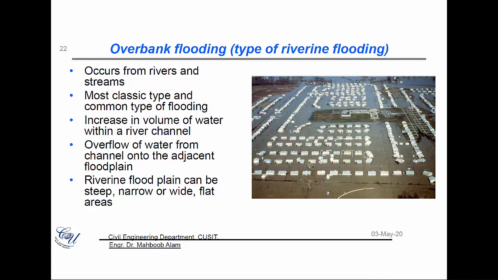So you would always have some kind of floodplain area around your river. Overbank flooding would be that kind of flooding where the river capacity is exceeded by the incoming flood and it goes into the floodplain area that is designated for flooding.